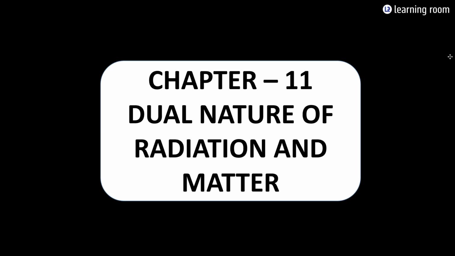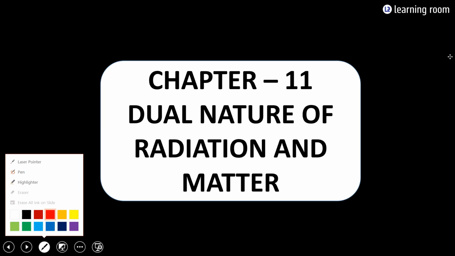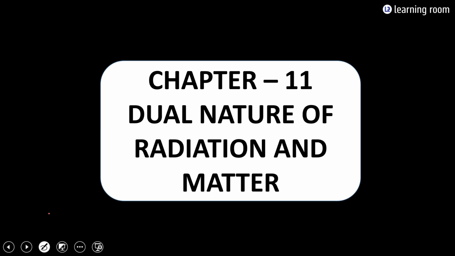So if you observe, in the previous 2 chapters, we were discussing mainly about light, because both the chapters are related to optics, right? So what is basically light? Light is basically electromagnetic radiation, right?